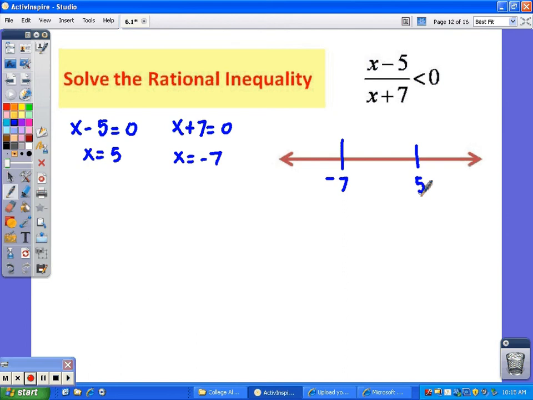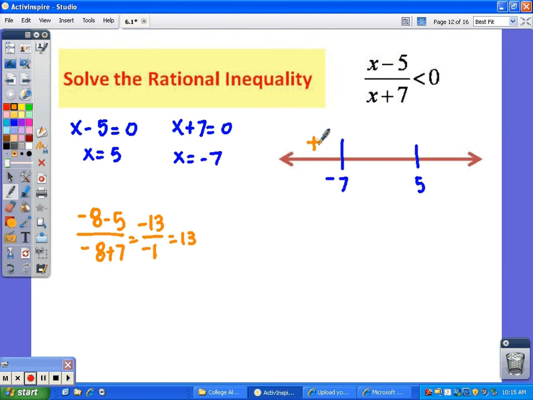So if I needed a number to the left of -7, we could plug in -8. If I let x be -8, I would get -13 over -1, which would be a positive 13.